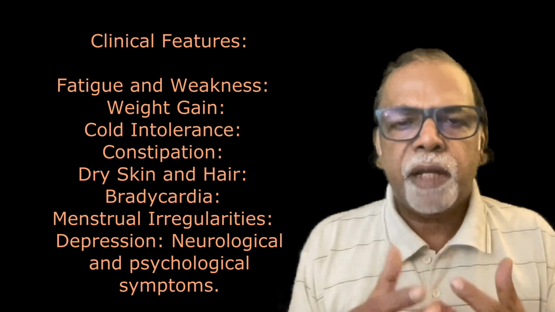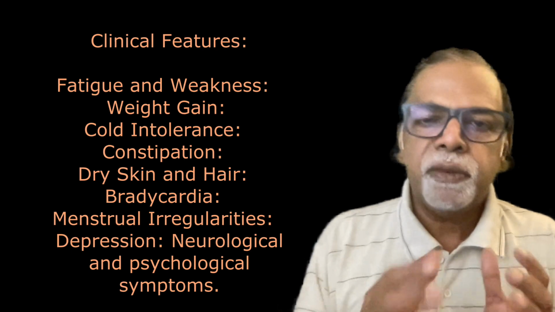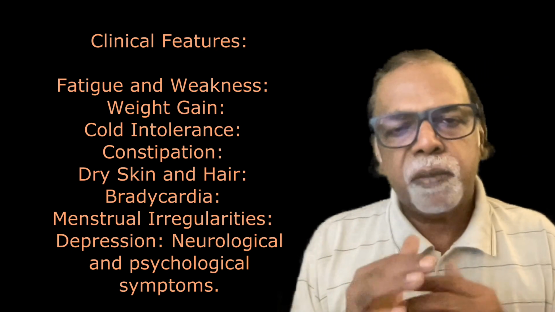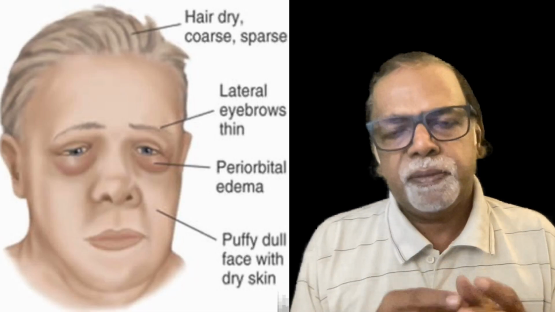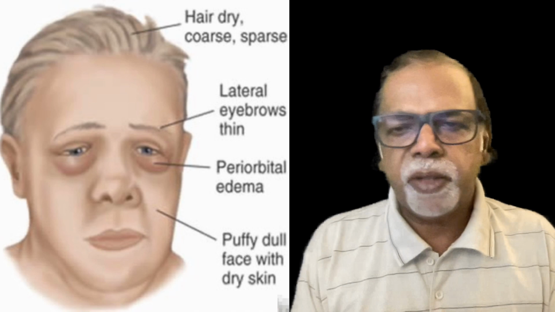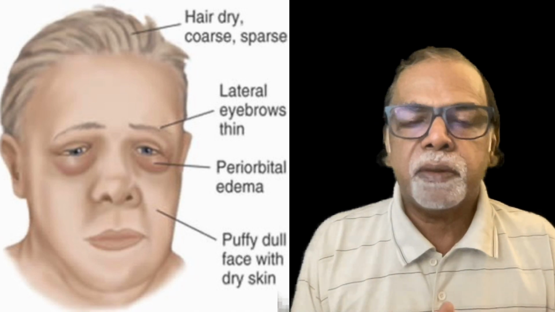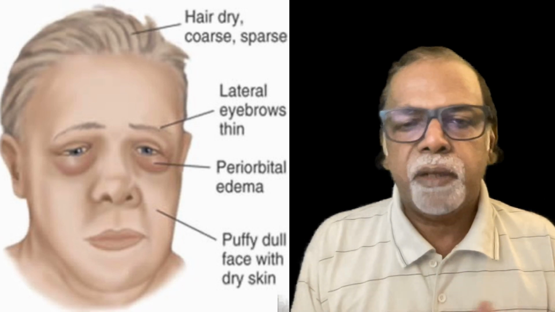The patient cannot generate heat. Constipation due to reduced gastrointestinal motility is a very common symptom, but remember, constipation can be due to various causes. Dry skin and hair, with decreased sweat and oil production in the skin. Bradycardia. Menstrual irregularity, especially menorrhagia, and depression, already mentioned.